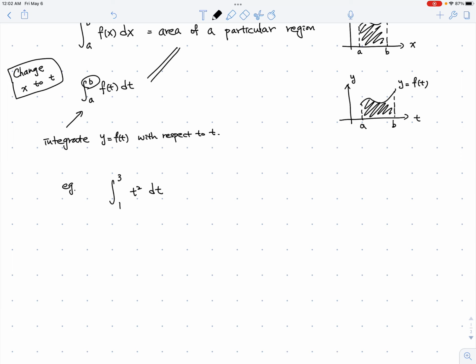This is what we have in the definite integral: integrate t squared with respect to t from 1 to 3, versus integrating t squared from 1 to any number that you assign to me. So what is the difference? The difference is the one on the left is the area of a specific fixed region.